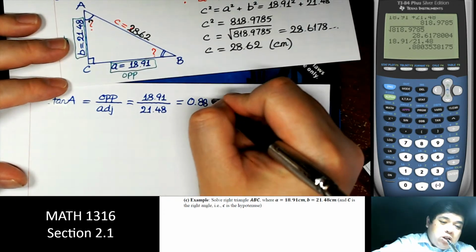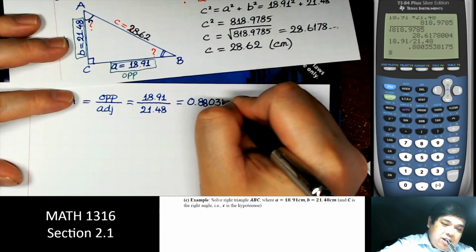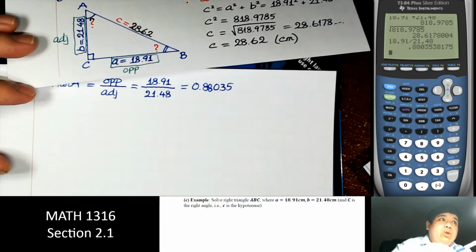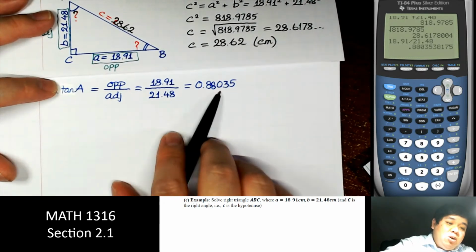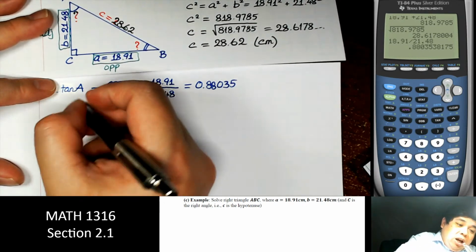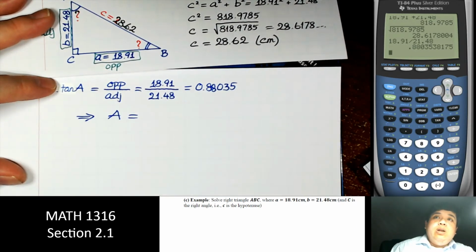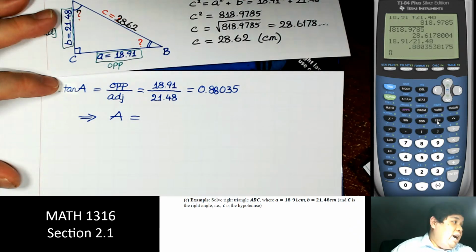Now we have tangent A is equal to that. To get back to the angle, we haven't done this before, but if we know the ratio of a trig function, to get back to the angle we use the inverse tangent. So second and the tangent button.